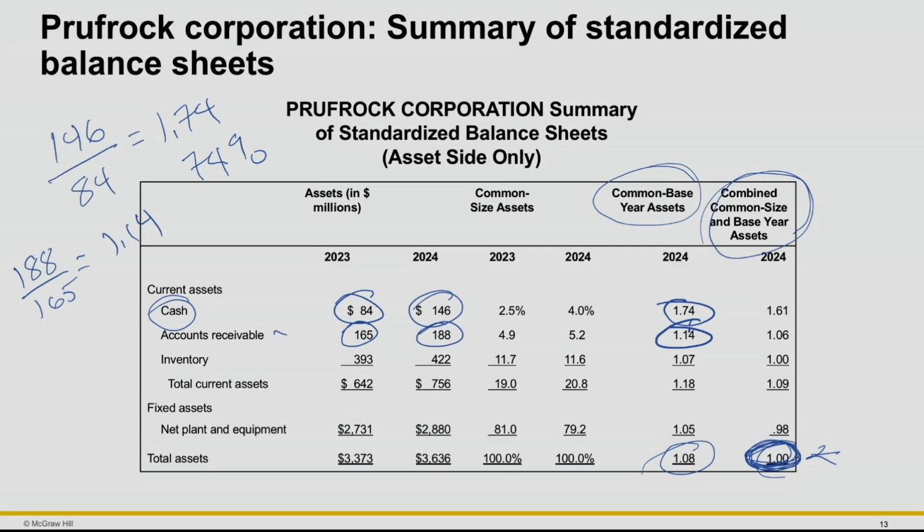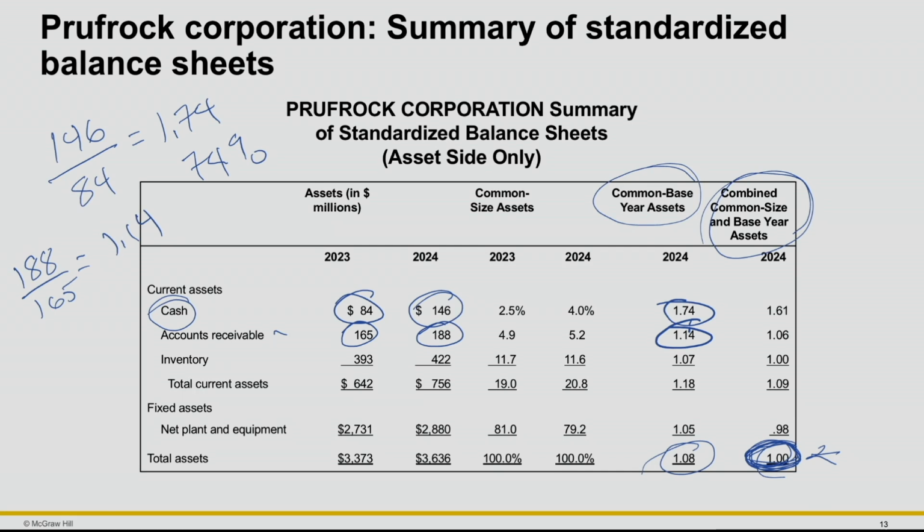Since we're saying that 8%, we're basically assuming that if everything moved up by 8%, all of these figures in this last column would be 1. In other words, net plant, property, and equipment would be 1, total current assets would be 1, and so forth, if everything went up by exactly 8%. So we're scaling by this 8%. We're still comparing it to that base year of 2023, but we're looking at the 2024 year.